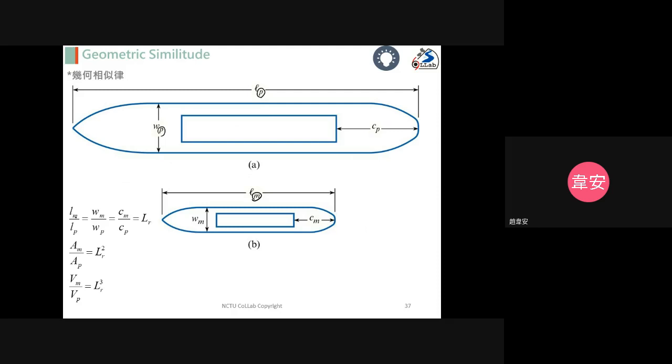We just keep the ratio between the model and the prototype for the length. We need to keep the ratio. Then we have the area ratio, and the volume ratio is directly proportional to the length ratio LR to the power of three. So here we just keep the length ratios between the prototype and the model, and then we can easily satisfy the geometric similitude.